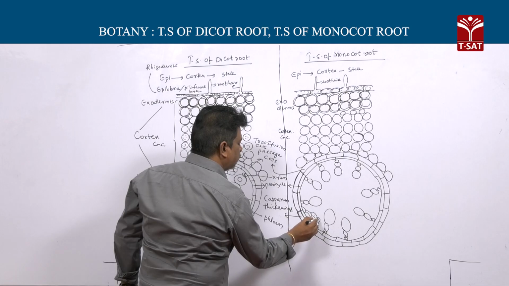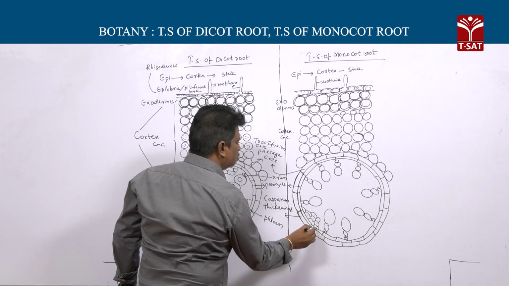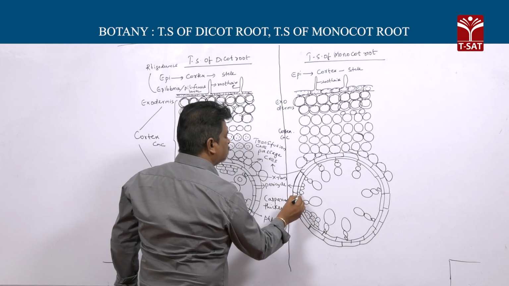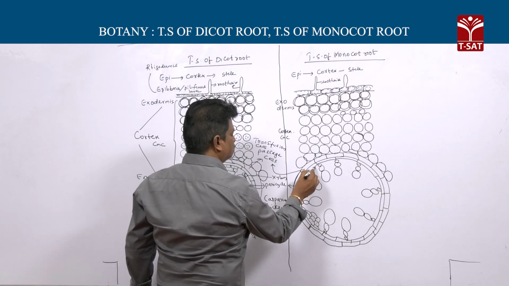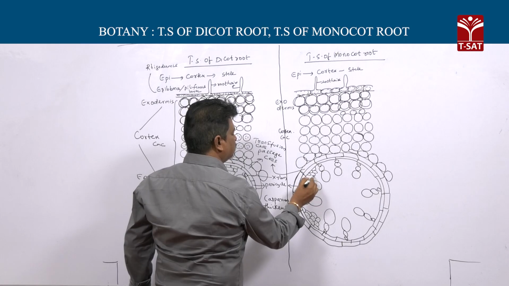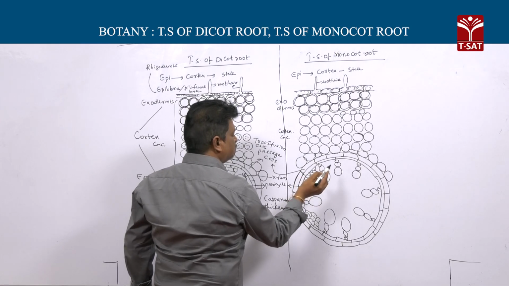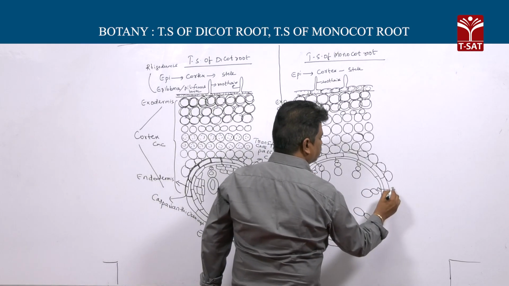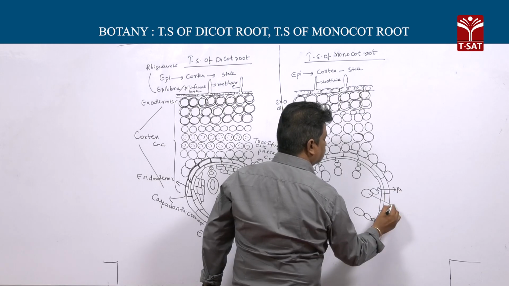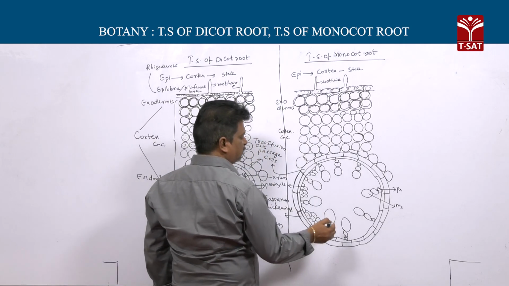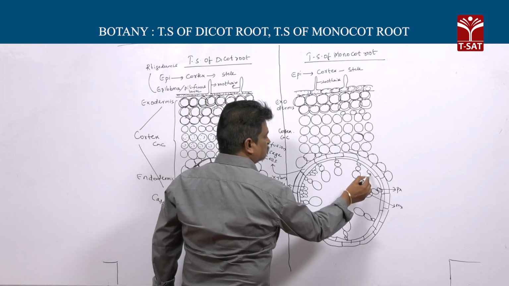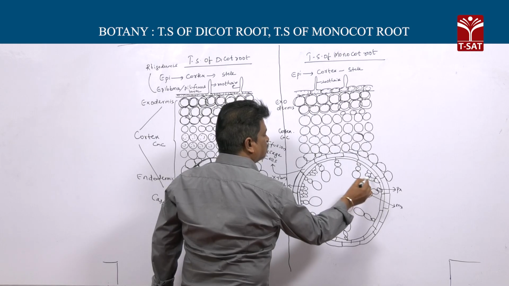Even one more root character is that xylem differentiation is centripetal. Xylem differentiation centripetal means protoxylem outside, metaxylem inside, called exarch.